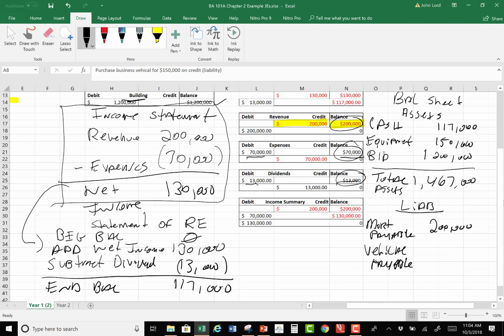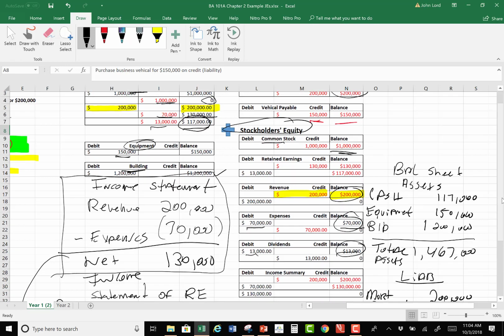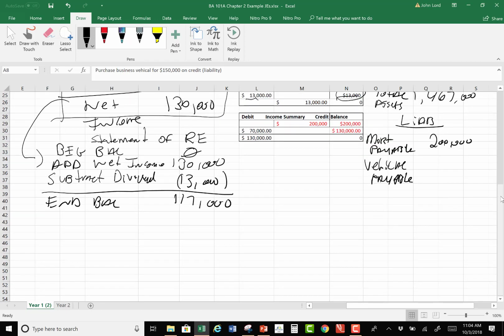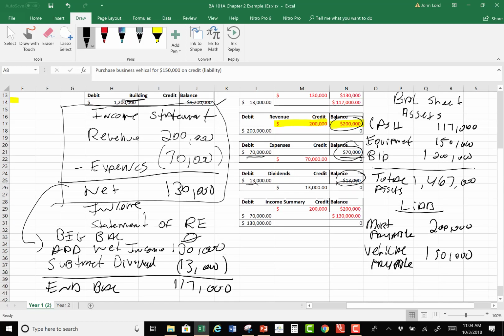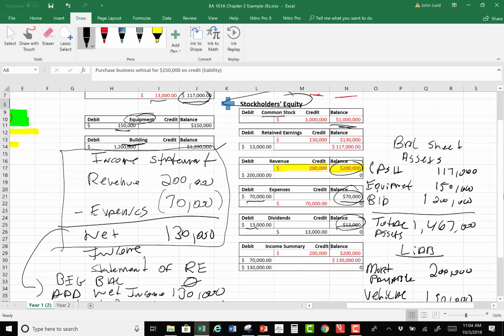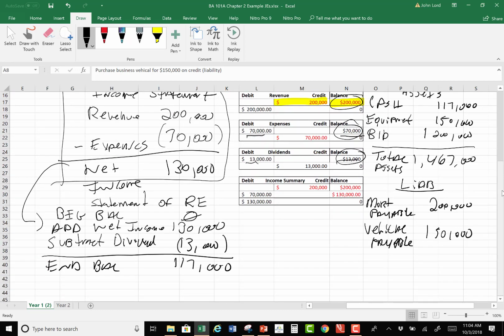That was 150,000, right? Okay, that's 150,000. Any other liabilities? Mortgage payable, vehicle payable, that's it, right? Okay, good. So when I add those up, and I guess that one even I can do in my head, total liabilities 350.